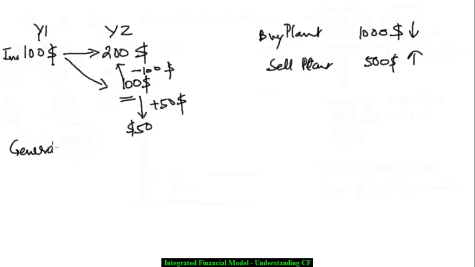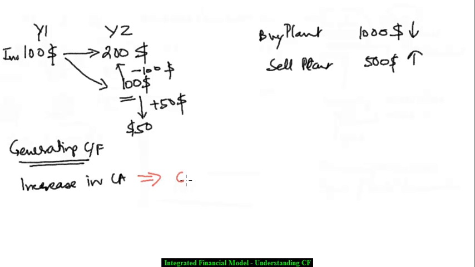So when we start generating our cash flow statement, the basic principle that we would use is that an increase in my current assets is like a cash outflow, right?